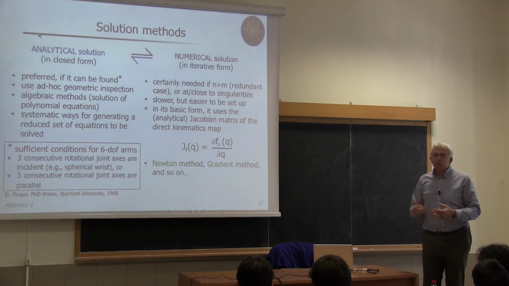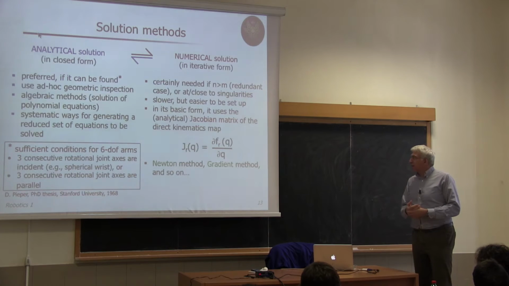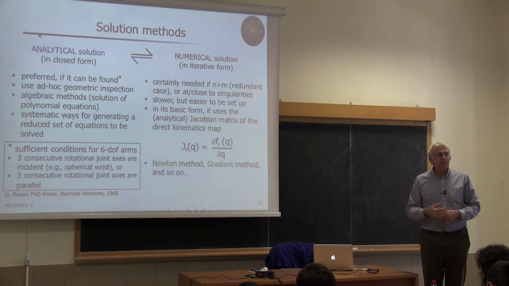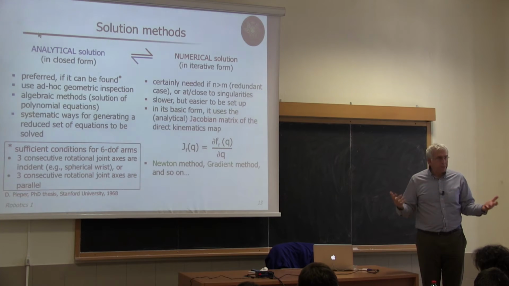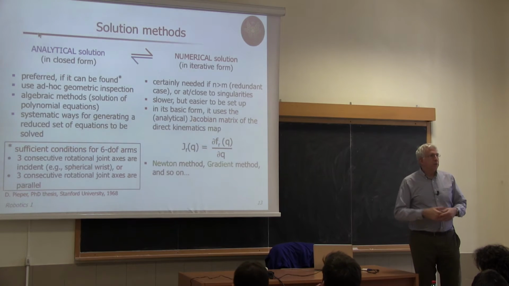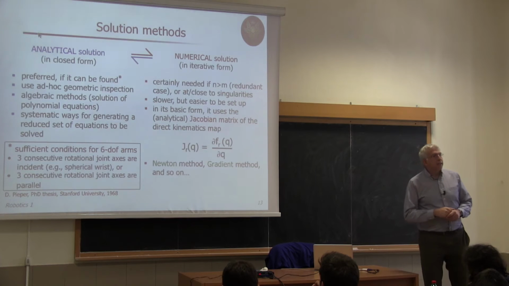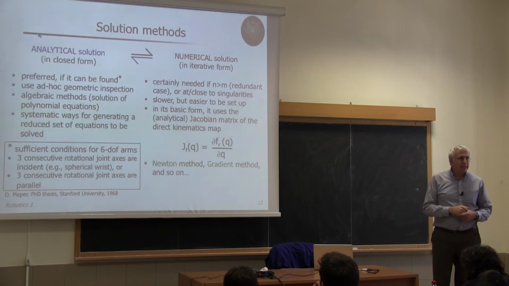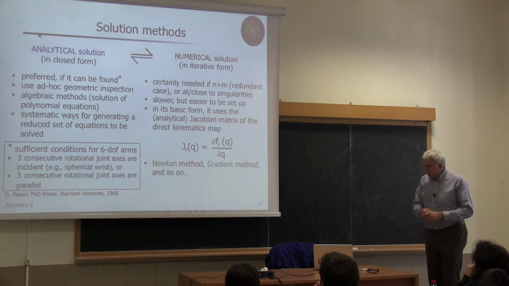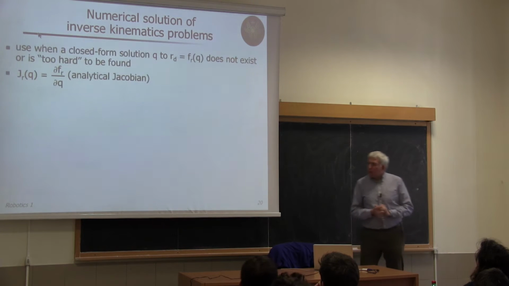Or in a more general sense, if we want to find joint variables for a robot that are associated to a desired value of some task, then f_r(q) will be the task kinematics, and we will use the analytic Jacobian of this task kinematics. This is why we have introduced this concept in a more general sense.